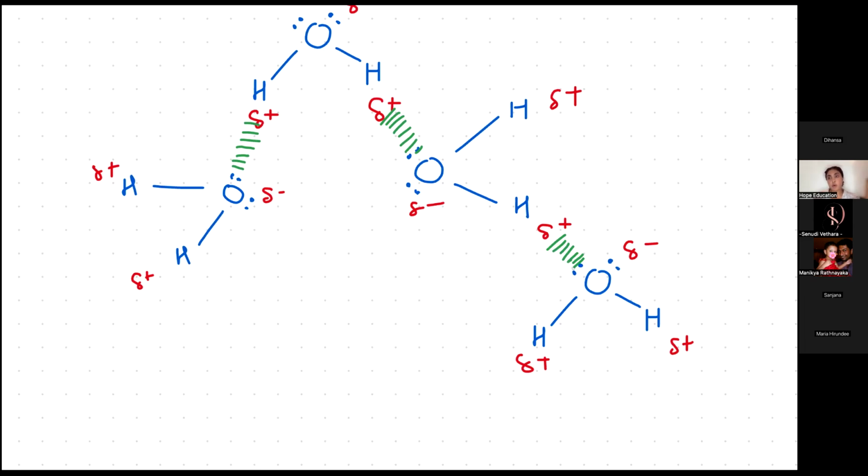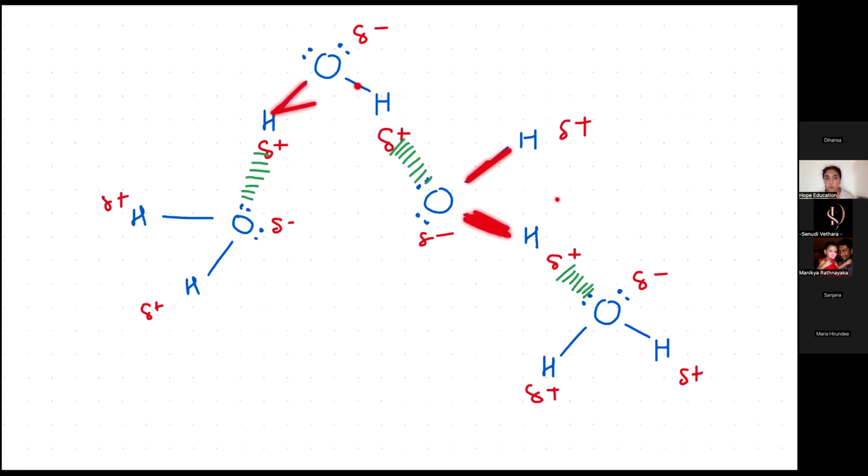This is what we call intermolecular bonds. These are not real bonds where electrons are shared. If we take this, children, here electrons are shared, forming a covalent bond. This one too is a covalent bond. Covalent bonds are formed by sharing electrons.